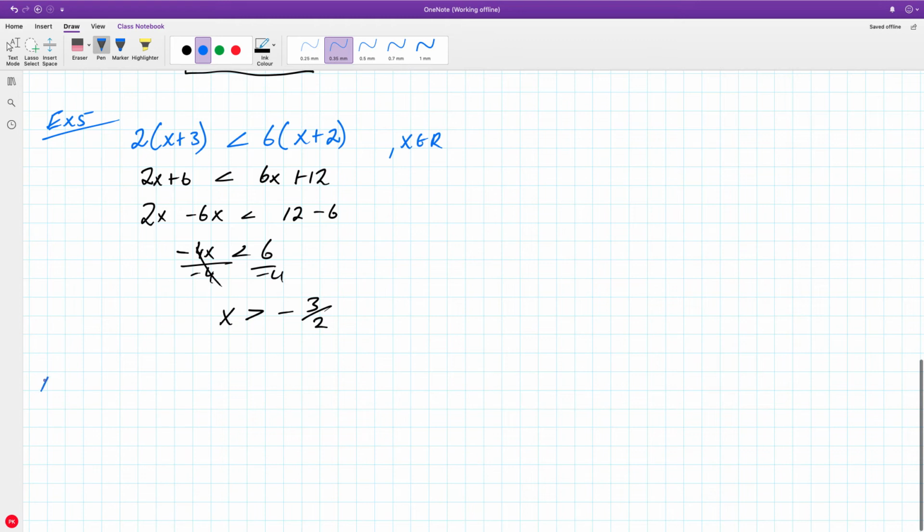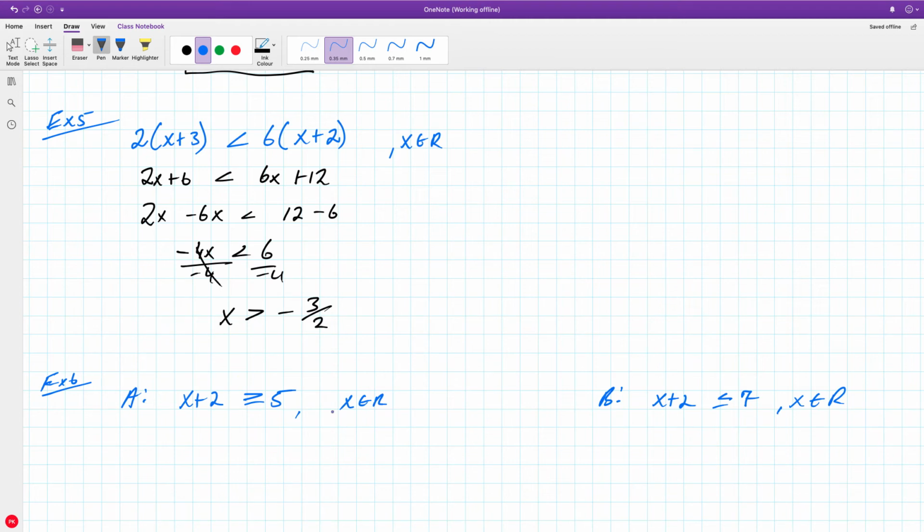So A is x plus 2 greater than or equal to 5, where x is an element of R. And B is x plus 2 less than or equal to 7, where x is an element of R as well.